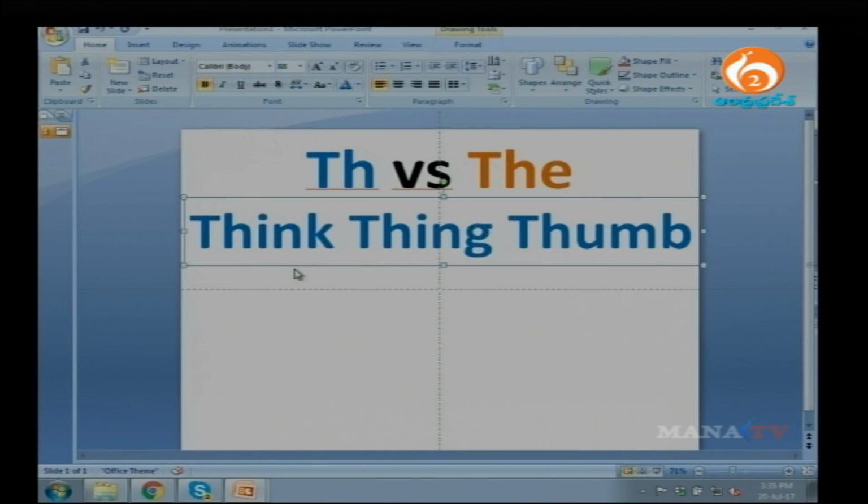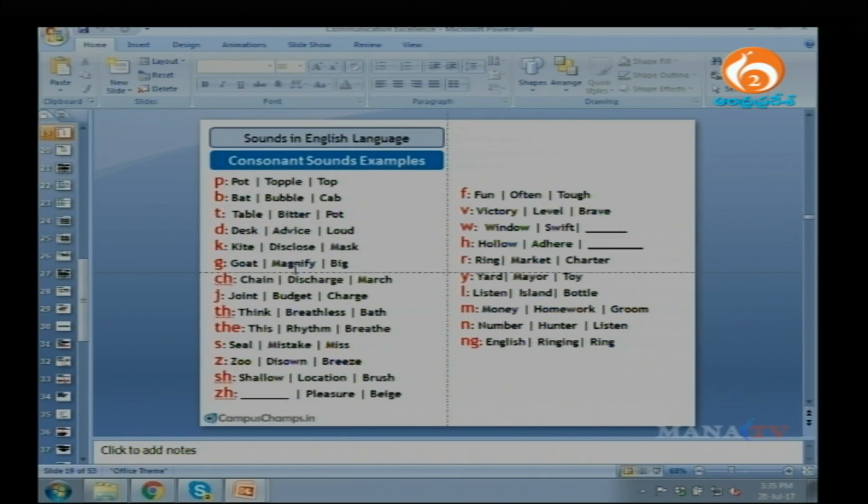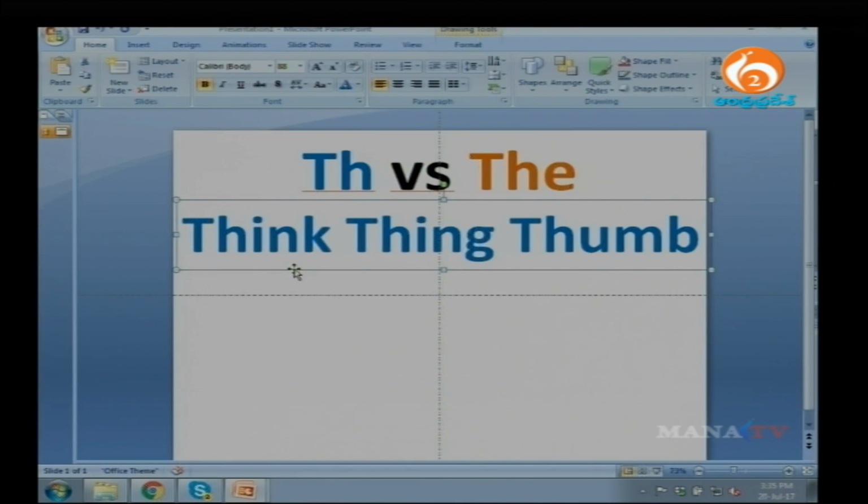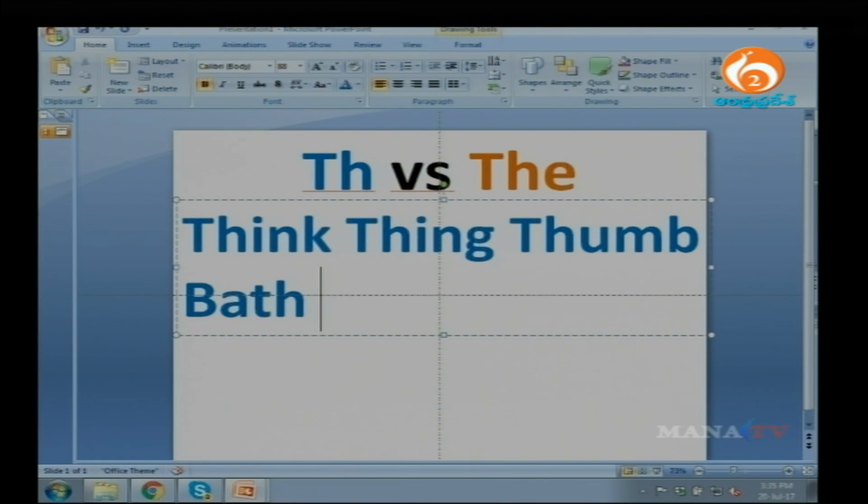So, all of this has the function of a th sound. We had certain examples here as well. For example, bath, breath.